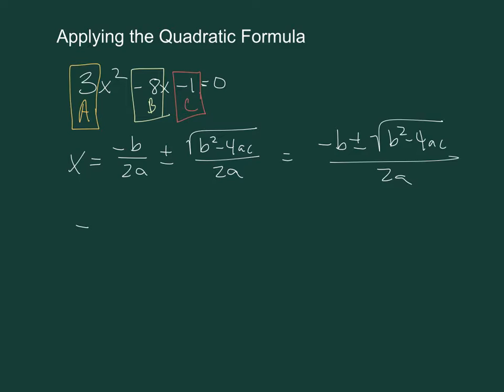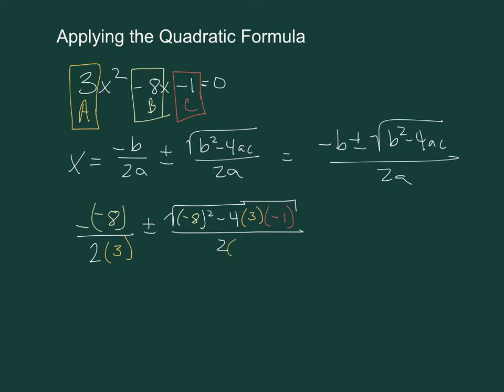I'm going to get negative b, which is negative 8, over 2 times a, plus or minus the square root of negative 8 squared minus 4 times a times c, all over 2 times 3. Okay, so there's the whole thing on that one.